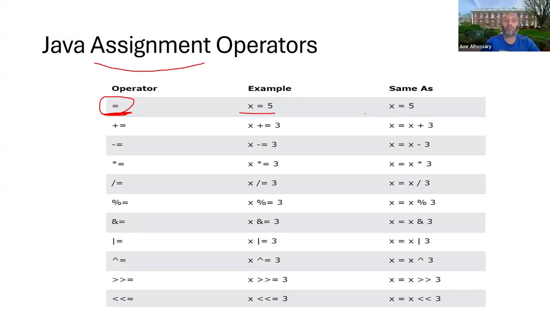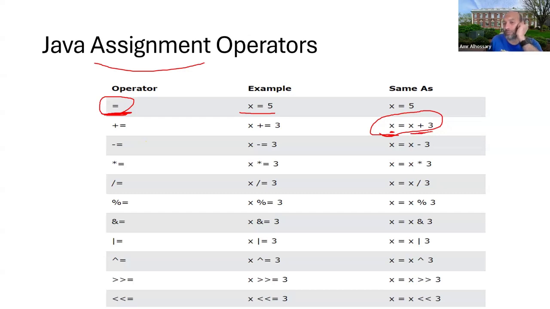All the remaining assignment operators are a short way of writing an operation that ends in assignment. If I want to add 3 to the variable x, I can say x equals x plus 3.